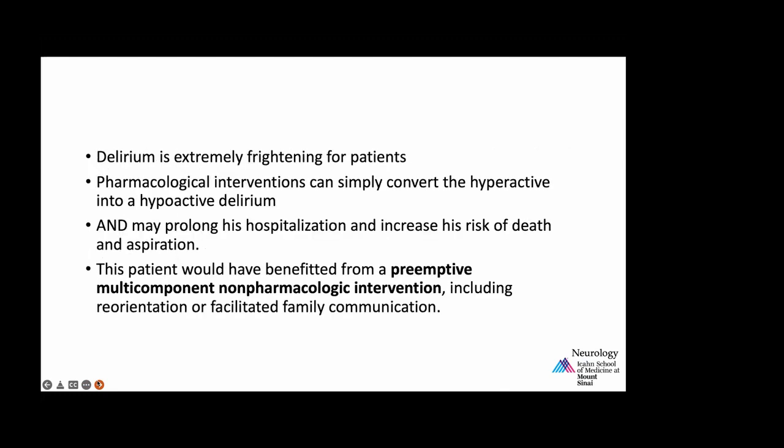It's important for us to remember that it's an extremely frightening experience for patients. There was a physician, probably 20 years ago, who wrote about his experience of delirium. He recovered very well and wrote very beautifully and eloquently about what he recalled being in the hospital.